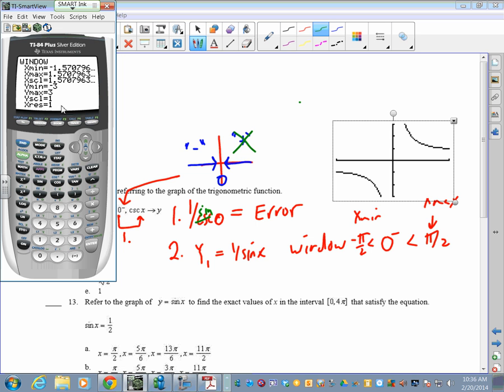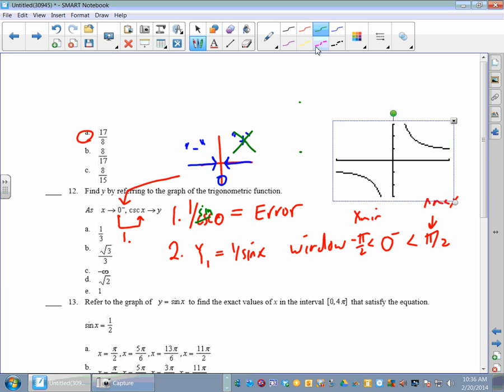Okay. So as I'm approaching 0 from the left, what's happening to the graph? Graph is going down. Which one of your choices means it's going down? C.